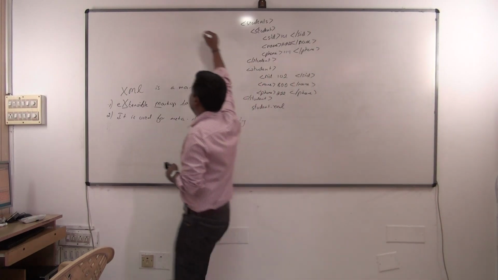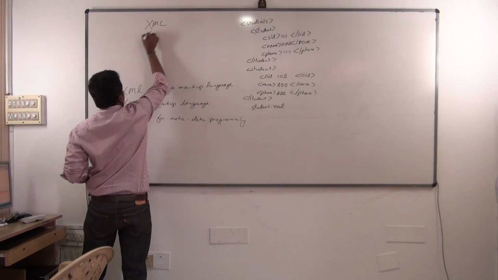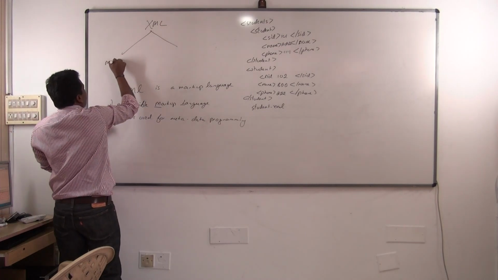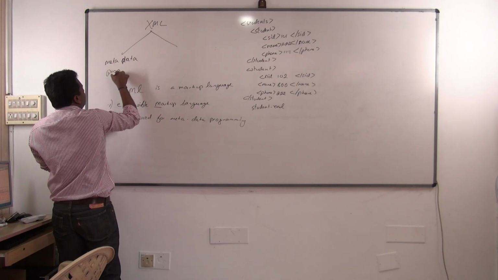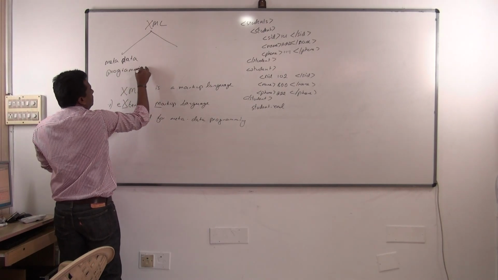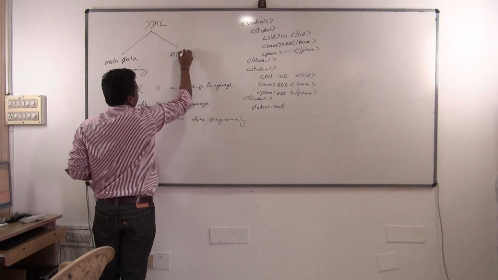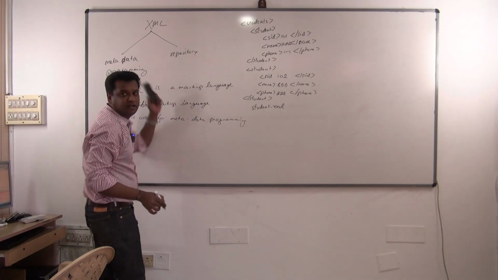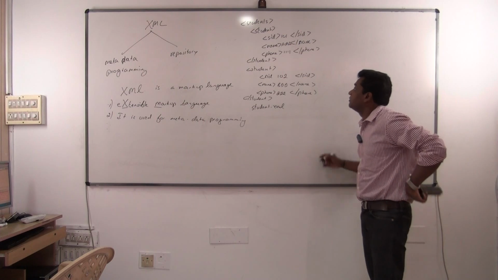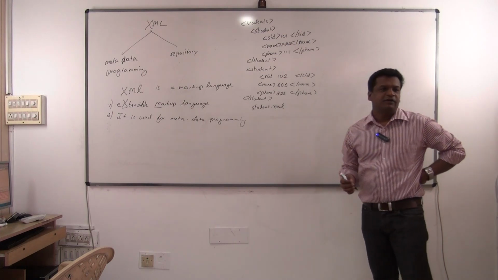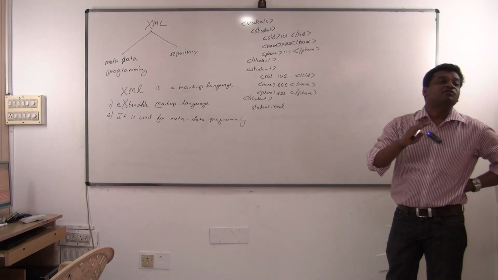XML can be used for two things, as I told you. One is metadata programming, and the other is repository. I am explaining the repository part first, then I will come back to the other. Repository means storage. You store like this. Later, after storing, you can read these values into primary memory.